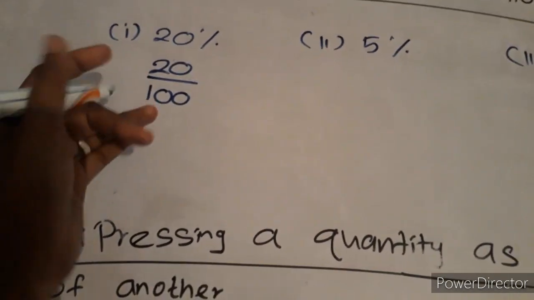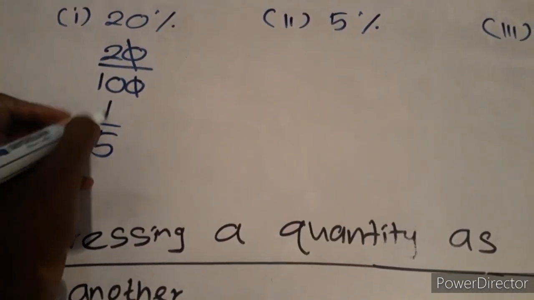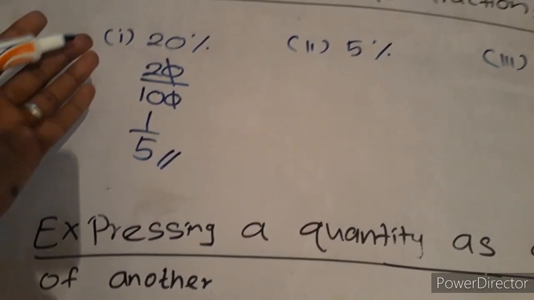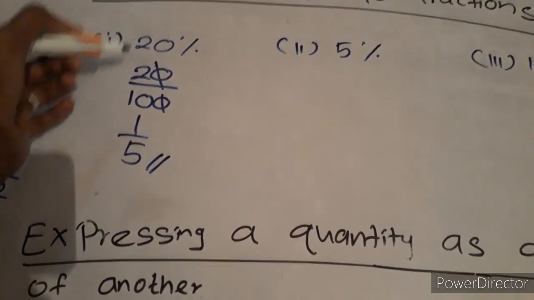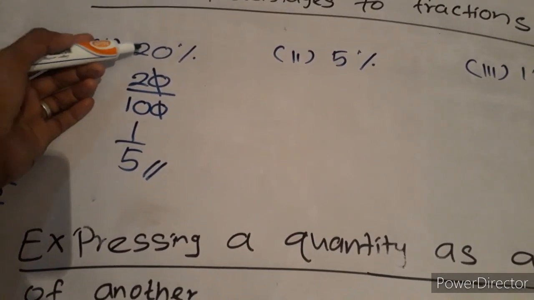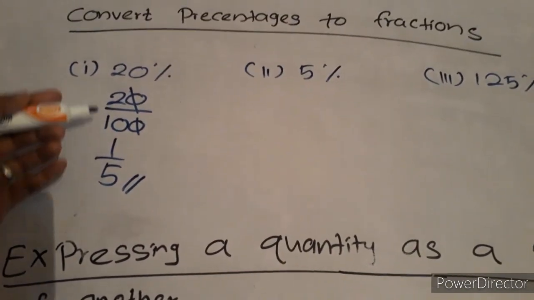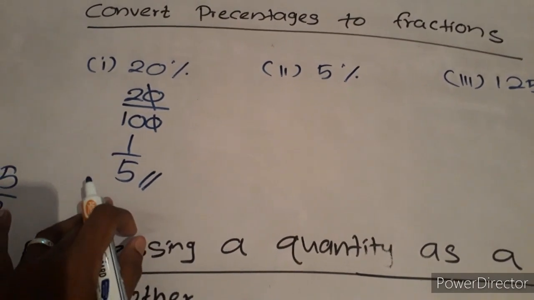Then we have to divide it, and it becomes 1 upon 5. This is how to convert percentages to fractions. We take the denominator as 100 and the value as the numerator. Then we can divide and simplify to get the fraction.